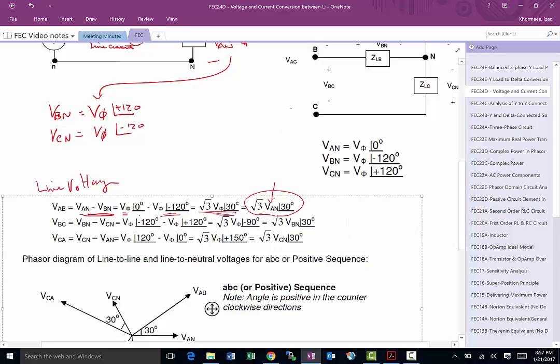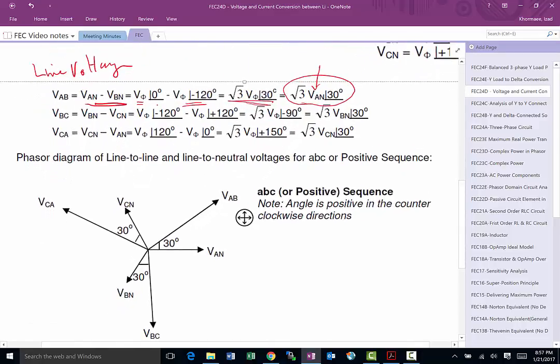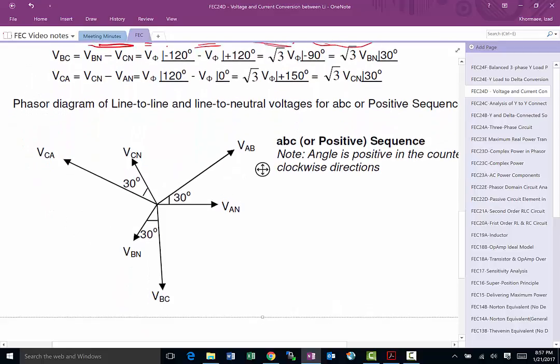So if I wanted to find, for example, the BC phase, all I do is take the VBN and add the 30 degree shift on it. Here is, for example, a phasor diagram representation of what we just did.